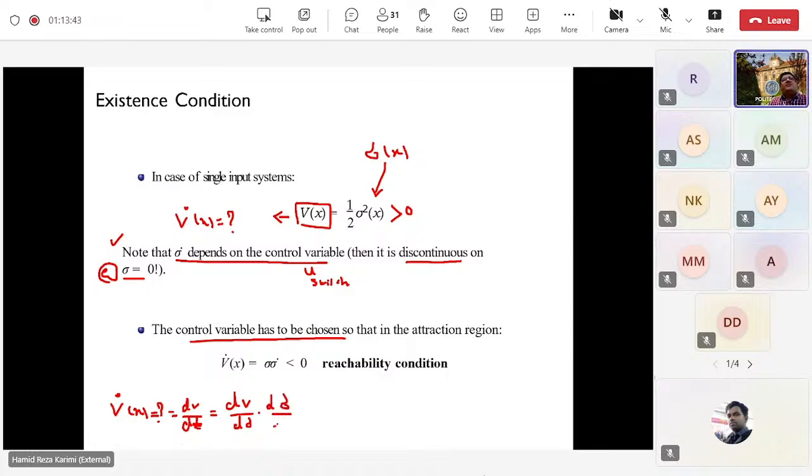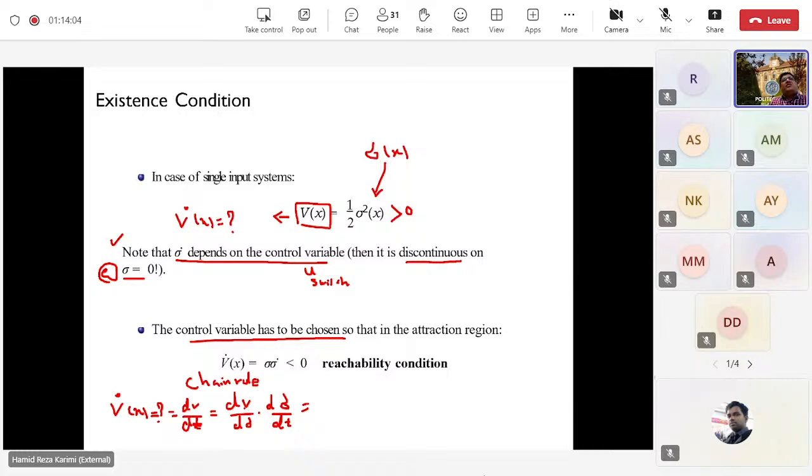So basically we have the chain rule in mathematics. By using the chain rule, you can write dV over dt is equal to dV with respect to d sigma multiplied by d sigma over dt.